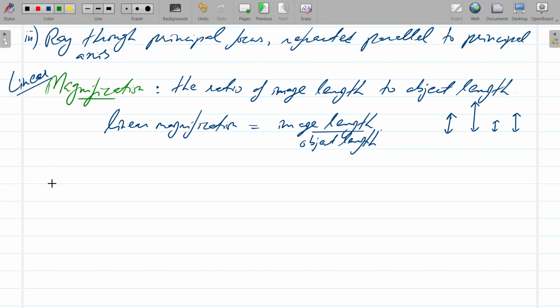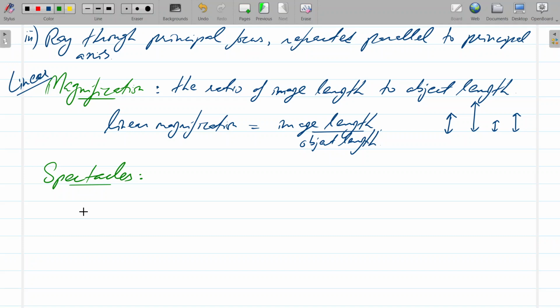Then we're going to talk about spectacles or eyeglasses. We know that our eyes develop faults and are unable to focus on objects properly, and so you need corrective lenses in the form of eyeglasses to help you focus properly.